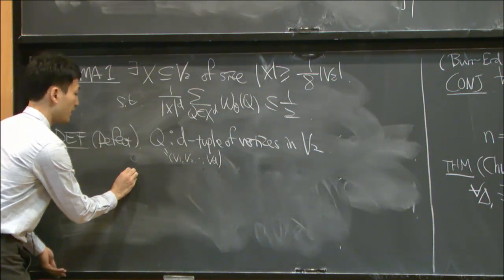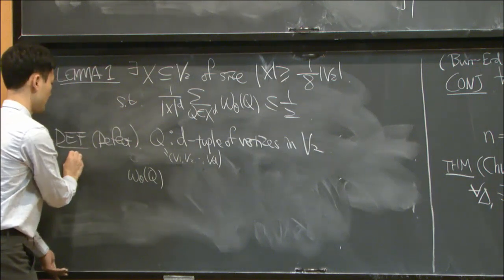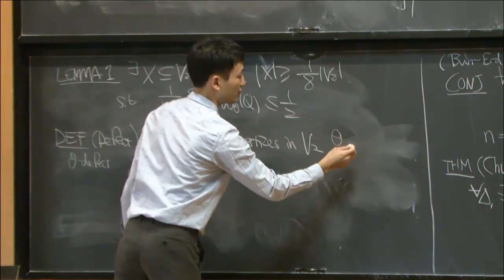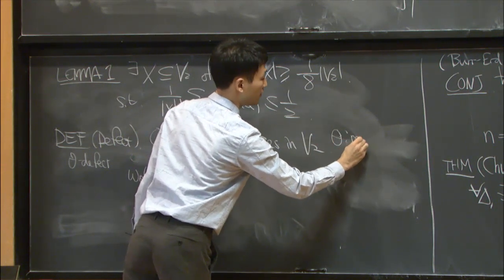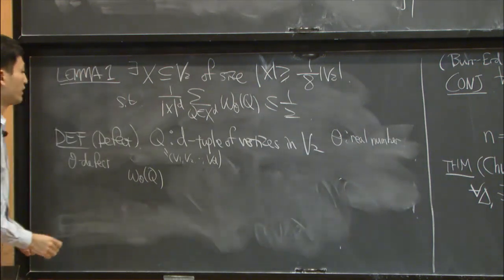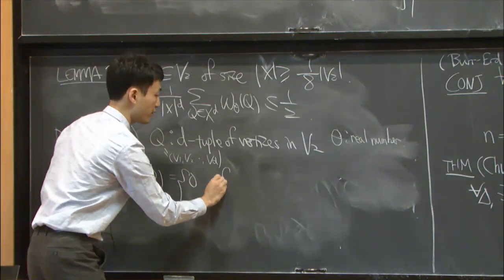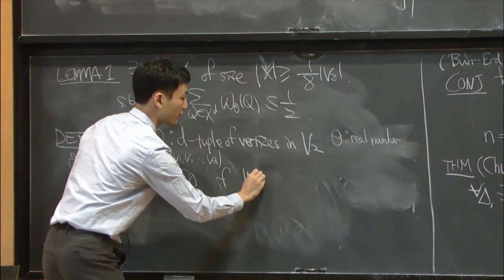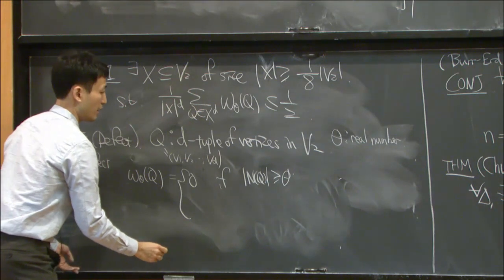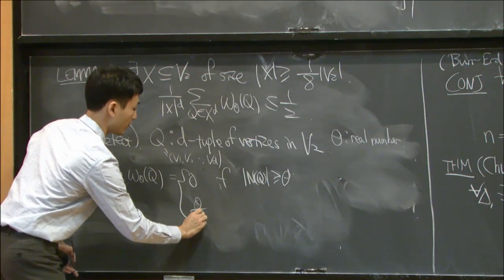And then I will define for this Q the defect, the theta-defect actually. Theta is some parameter that I will define later, some real number, it can be anything. The defect is 0 if the number of common neighbors of Q is at least theta, and otherwise I define it as theta over the number of common neighbors of Q.